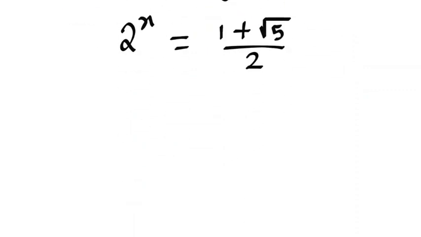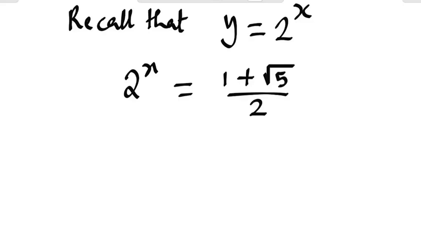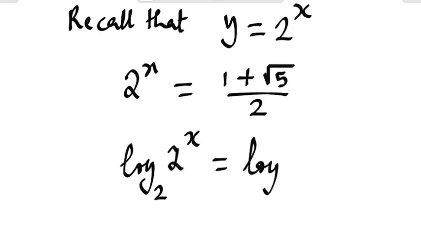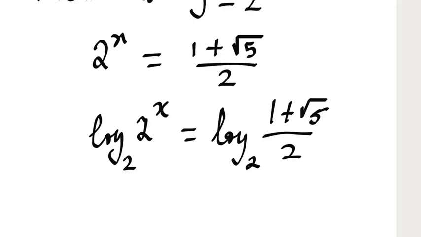So therefore, to bring the value of x down, we are going to introduce logarithm with base 2, like this. Then log base 2 of 2 to the power of x equals log base 2 of 1 plus root 5, then divided by 2. So now from here, the x comes down.